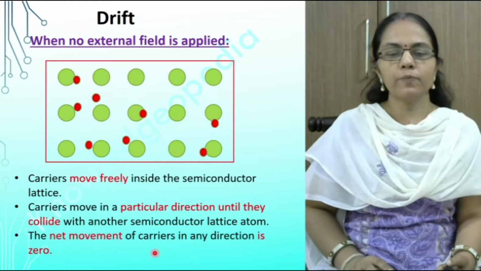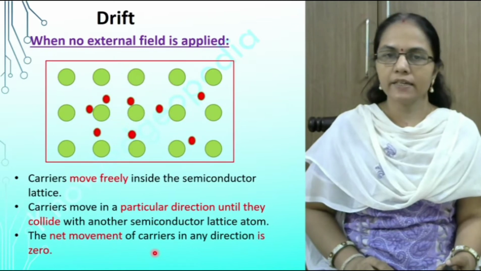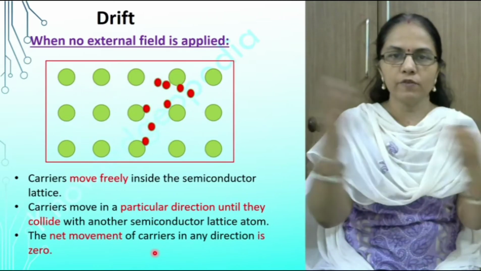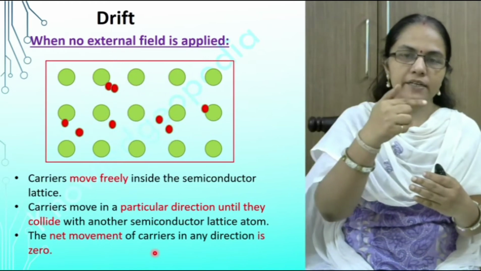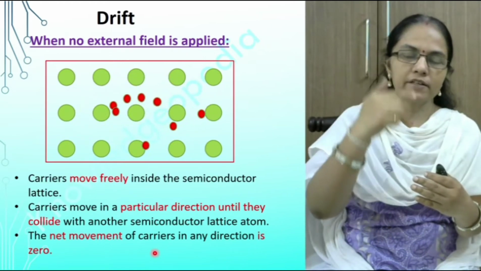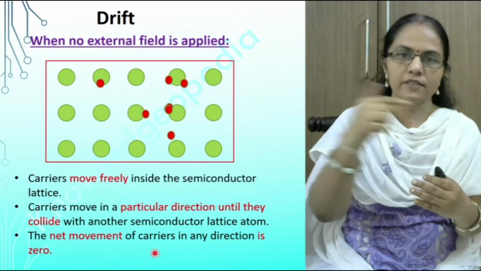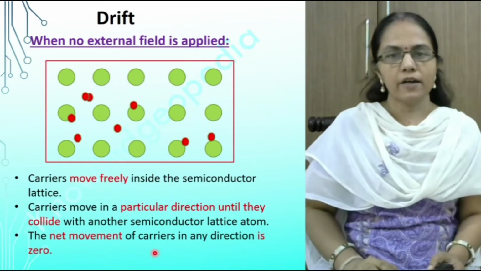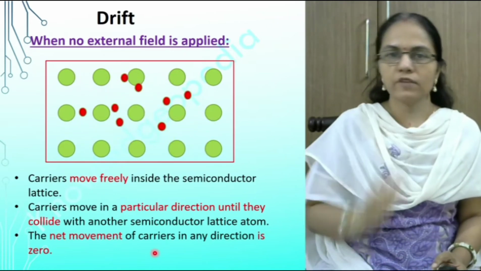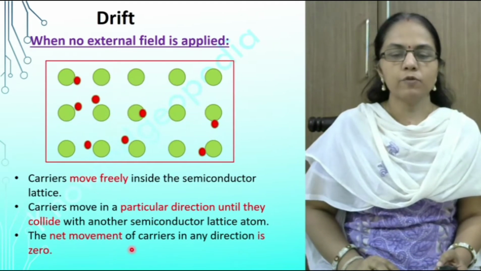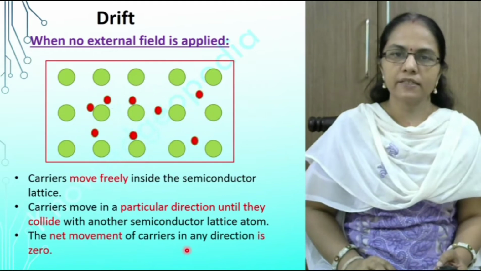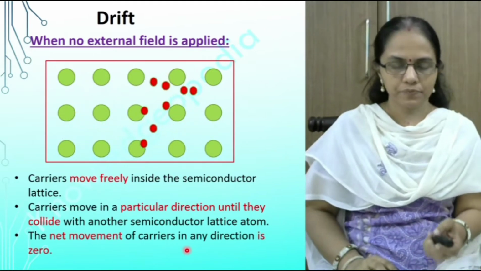For the net movement of carriers in any direction, because they are moving very randomly, we have to take the vector sum of all the velocity components in that particular direction. And obviously as they are moving randomly, that will be equal to 0. The net movement of carriers in any direction is equal to 0.